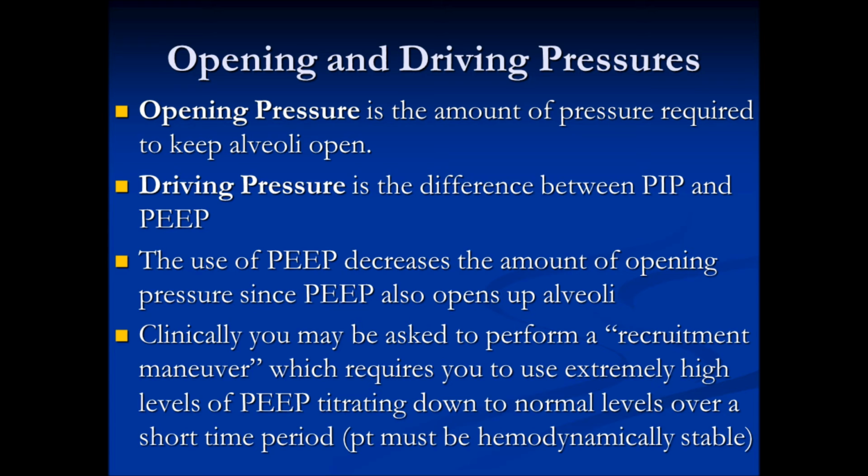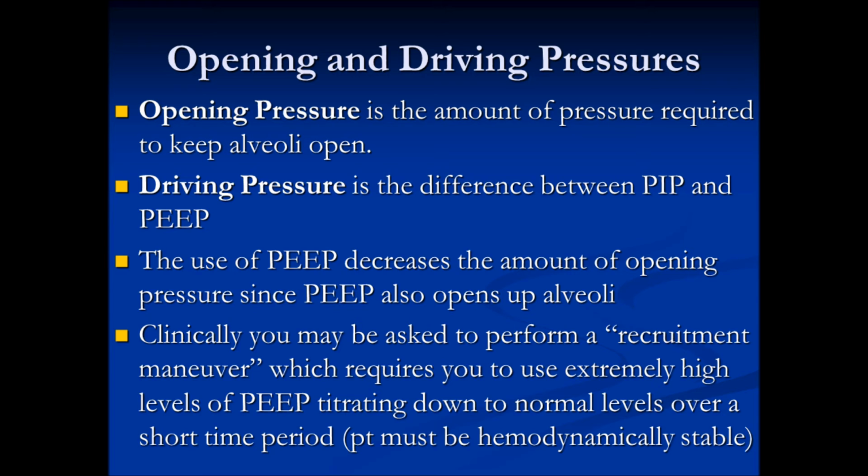When you do a recruitment maneuver, it requires you to use extremely high levels of PEEP, titrating the PEEP down to normal levels over a short period of time. The key, though, is that in order to even start a recruitment maneuver, the patient has to be hemodynamically stable beforehand. Actually looking at the hemodynamic status of the patient will determine whether you need to move faster with the titrating of the PEEP than you might have previously considered.